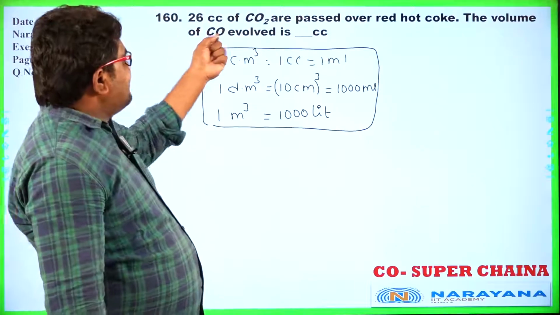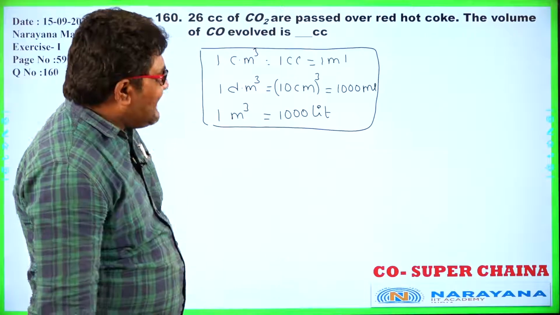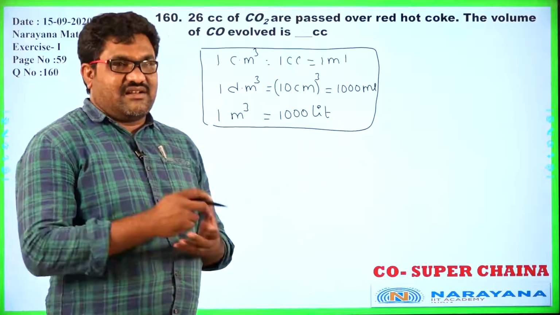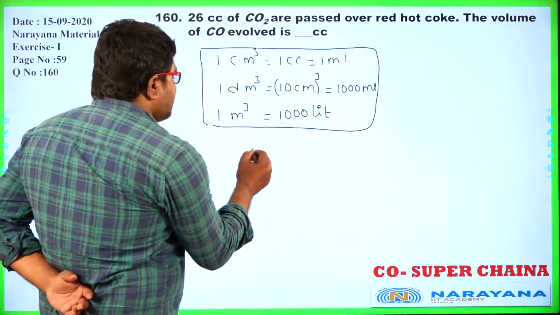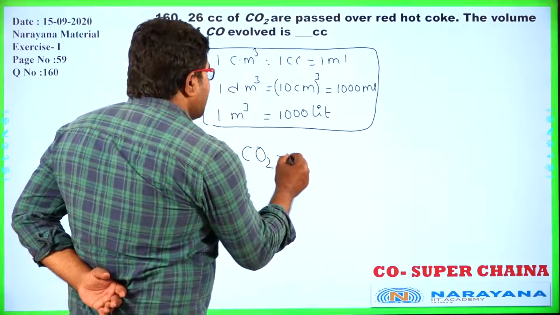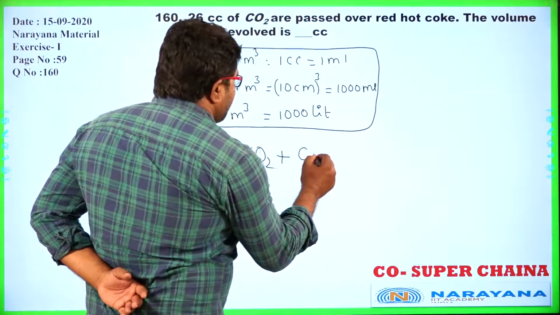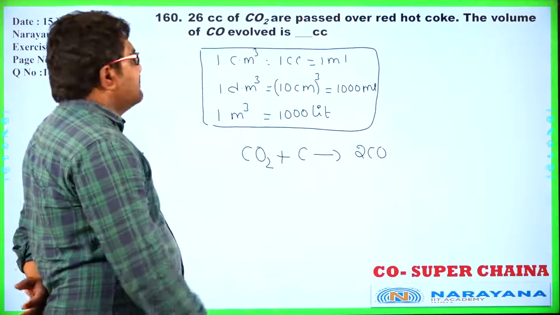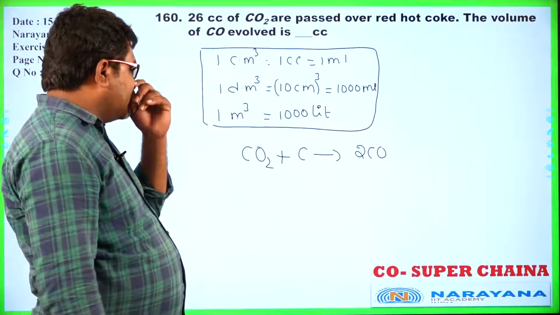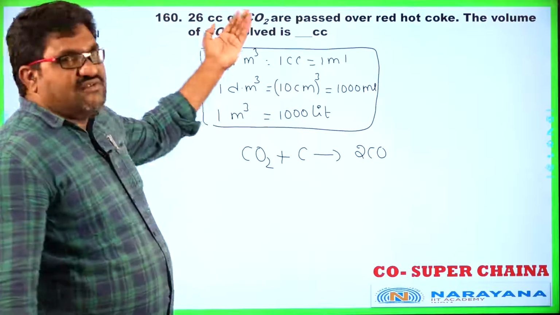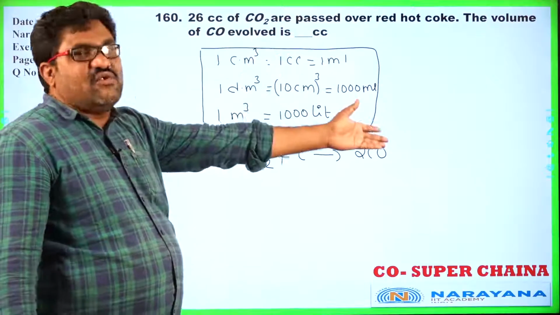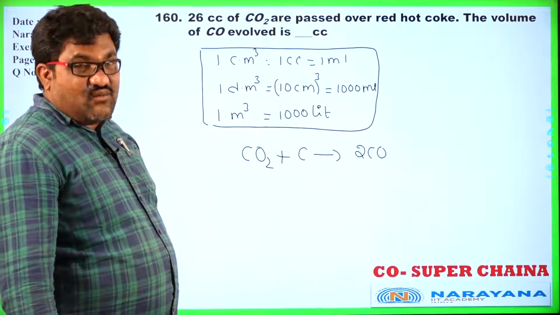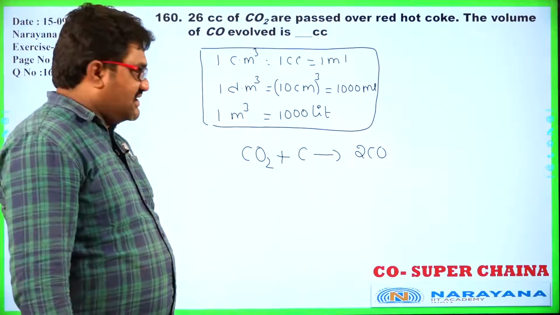26 cc of CO2 are passed over red hot coke. Red hot coke means carbon. When CO2 is passed over carbon, what compound is formed? 2CO. The volume of CO evolved is asked. The volume of CO2 was given and the volume of CO was asked, so this is the volume-volume relation.